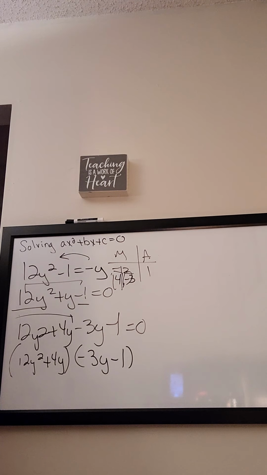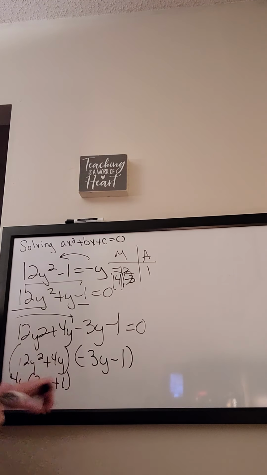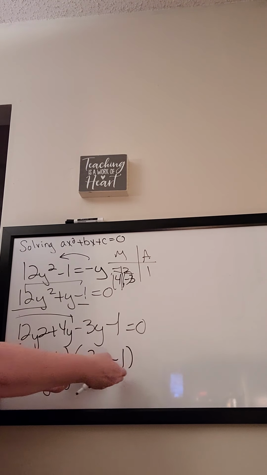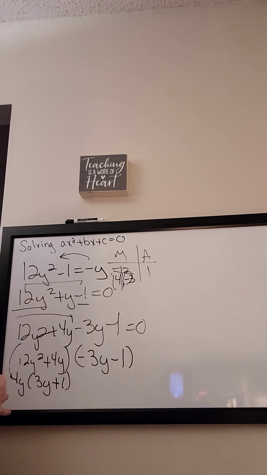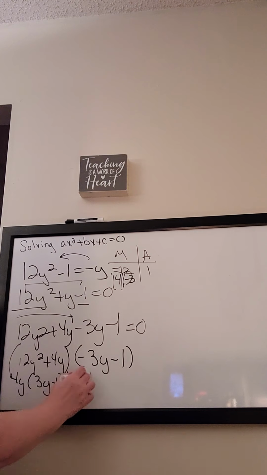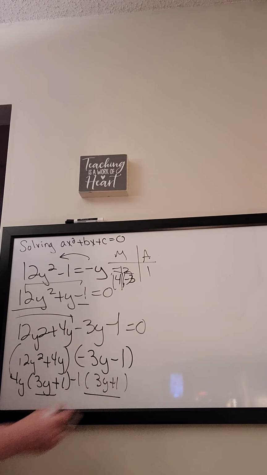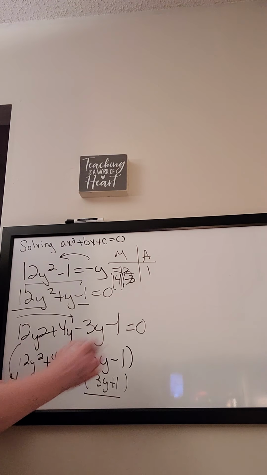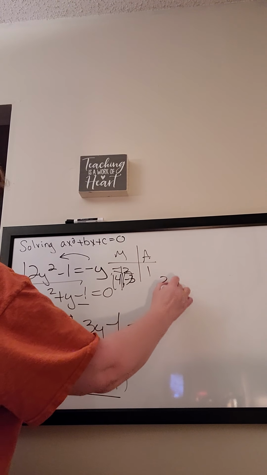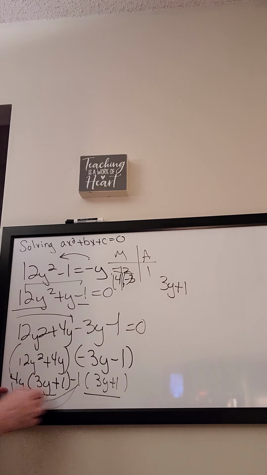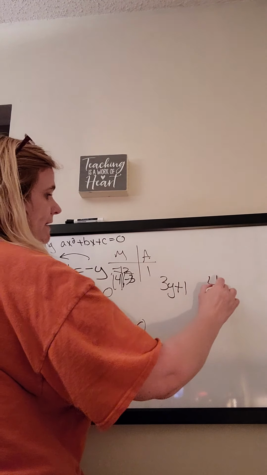I can take out a 4y, and I'm left with 3y plus 1. Over here, I want it to be 3y plus 1 in here, so I'm going to take out a negative 1, because then I'm left with 3y plus 1. We want these to be the same. Now that they're the same, that's one of our factors, 3y plus 1, and the other one is the one on the outside, 4y minus 1.